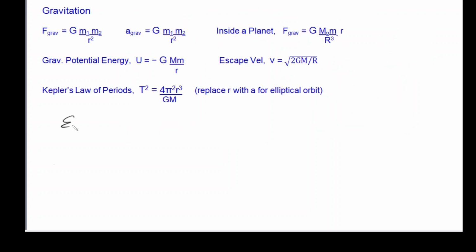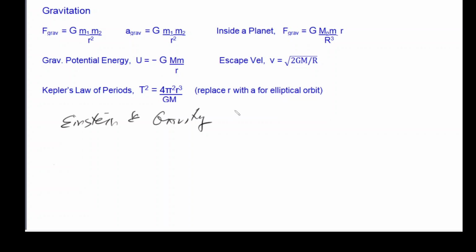Now, let's talk a little bit about Einstein and gravity. And this gets into his theory of relativity, which we'll talk about in a future video. But we can discuss it a little bit here.